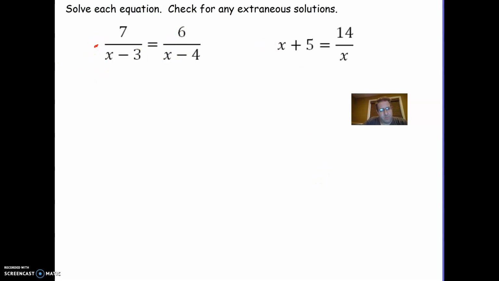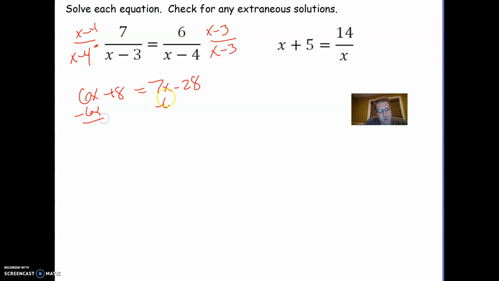All right, so we can cross multiply in this case. That would be the easier way, or you can multiply both sides by the other factor. So this is basically what you're going to do anyway. Cross multiply is going to give you 6x minus 18 equals 7x minus 28. Move the smaller one. It gives me x minus 28 equals 18.